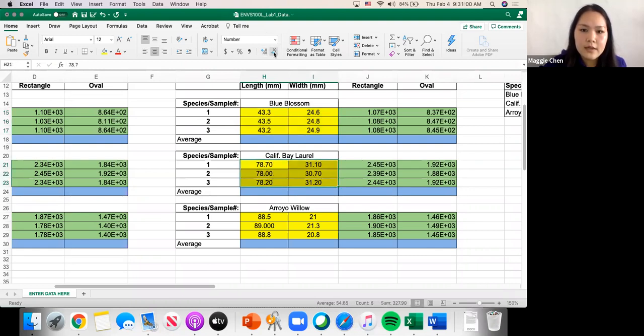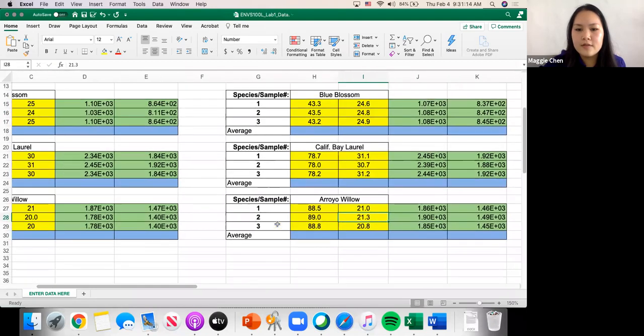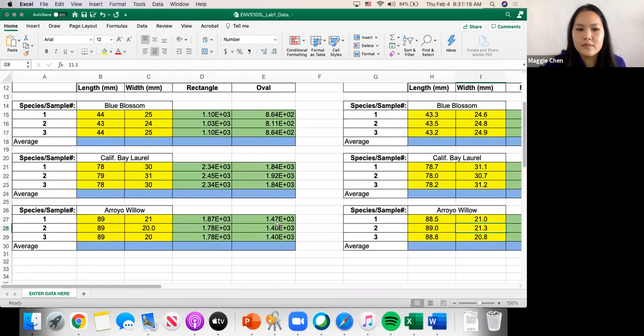Same for here. So those 2 buttons are right underneath the number format. And now that we have it in our 3 sig figs, we can move on and calculate our averages.